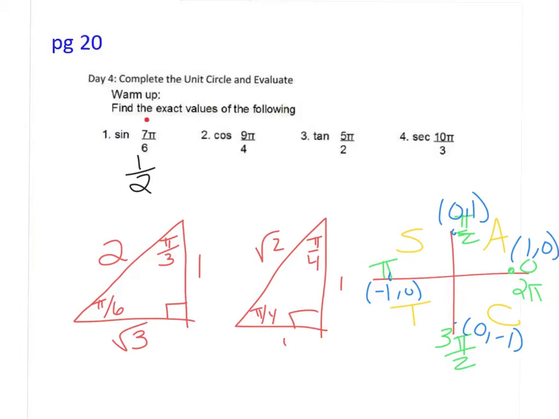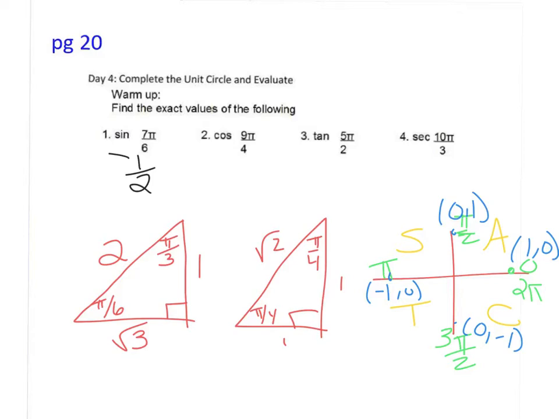So 7 over 6, I'm going to think of pi as 6 pi over 6, so that I have a common denominator of 6. So in this quadrant, we would have 5 pi over 6, which is a little less than pi. And then in this quadrant, it would be 7 pi over 6, which is a little more than pi. So in this bottom third quadrant, only tangent is positive, so that means this is a negative 1/2.